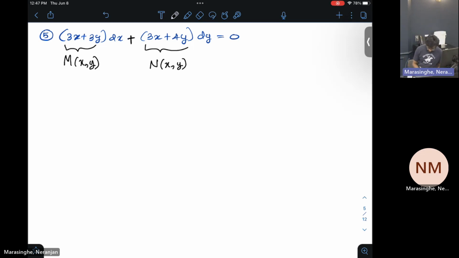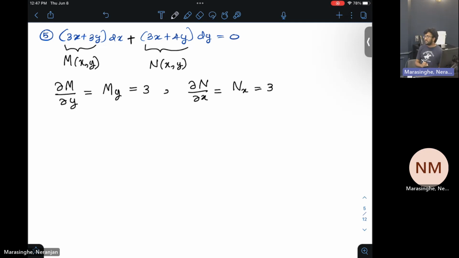What do we have to do? We have to evaluate the partial derivative of M with respect to y. So this is the notation for that, M_y. M_y means we are taking the partial derivative of M with respect to y. It's going to be equal to 3. The partial derivative of N with respect to x is also equal to 3. So this is an exact equation.